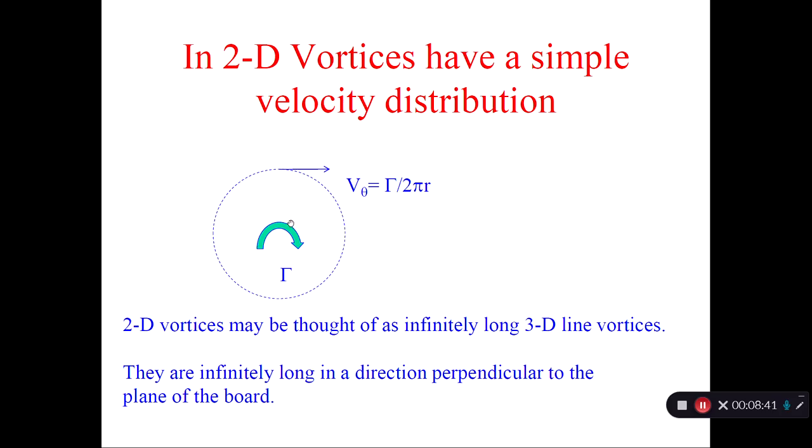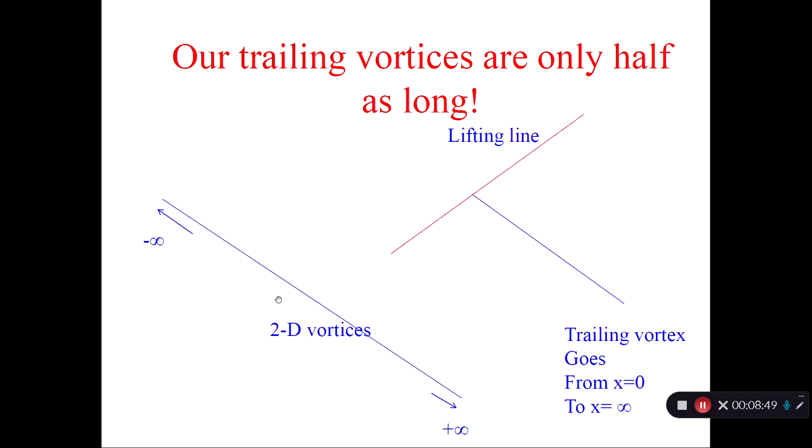So the vortex is infinitely long in a direction perpendicular to the plane of the paper. This is what we learned in 2D theory. It goes all the way from one end to the other. But in our lifting line theory, it starts at x equal to 0 and goes to x equal to infinity. Therefore, we have only half the length of this 2D vortex.